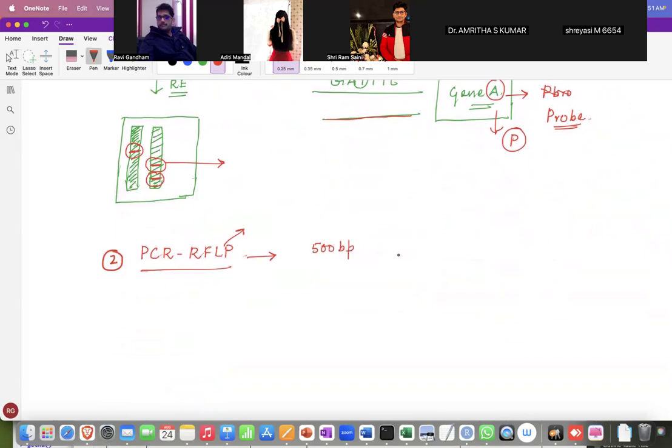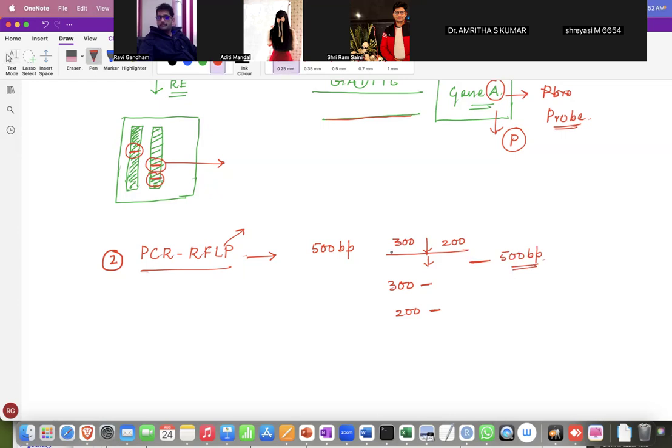And if the site is present within the fragment, let us say at the 300th base pair, and this is the 200th base pair, you'll be having two segments, 300 and 200, when run on a gel, right? Whereas when the site is not present, you'll be having a 500 base pair fragment. That is what PCR RFLP is. Is that clear?